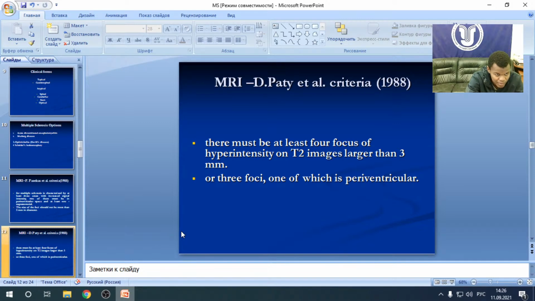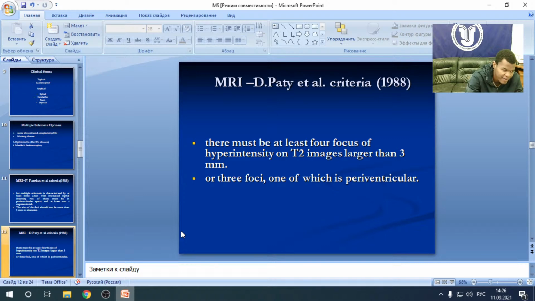And at the same time there's also a particular criteria from 1988. So what does it mean? There must be at least 4 foci of hyperintensity.